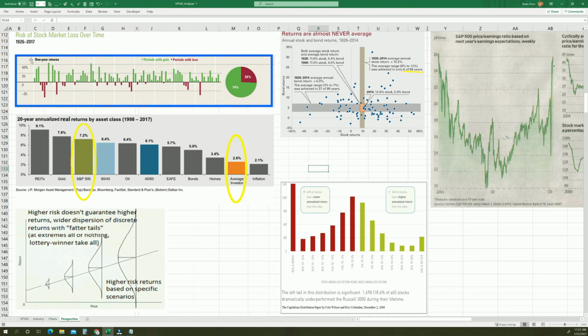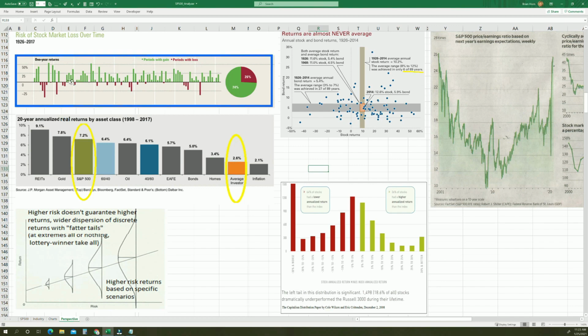The chart here at the top of the screen shows the S&P 500 index returns from 1926 through 2017. The pie chart to the right shows that about 3/4 of the time the S&P 500 index had a positive return, and about 1/4 of the time it had a negative return.